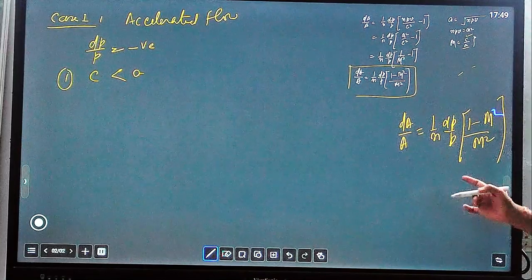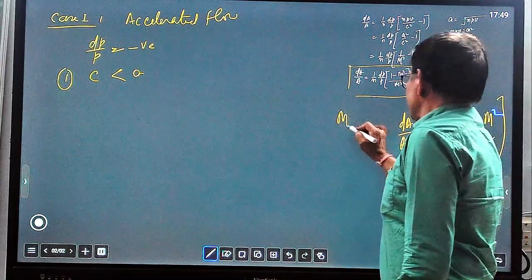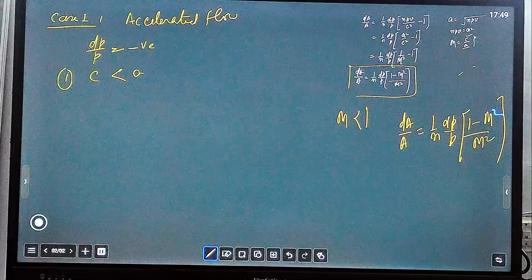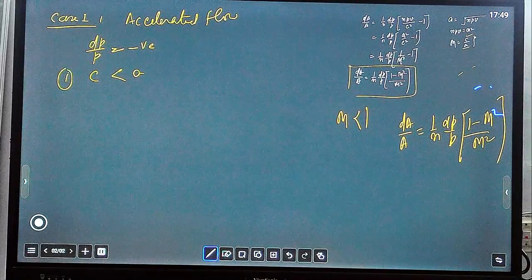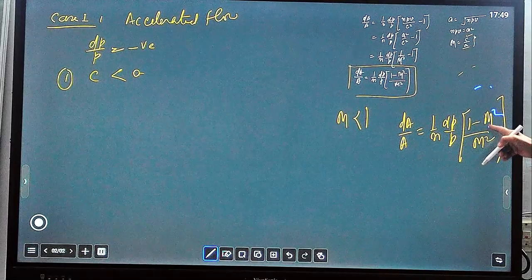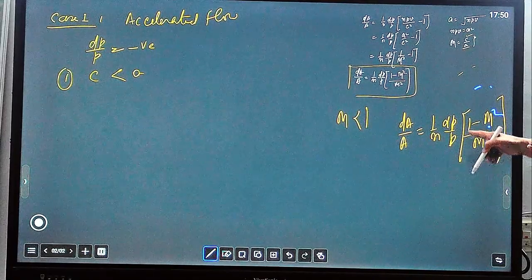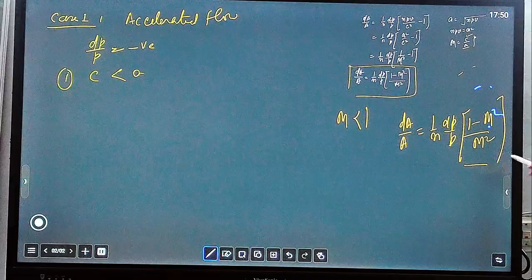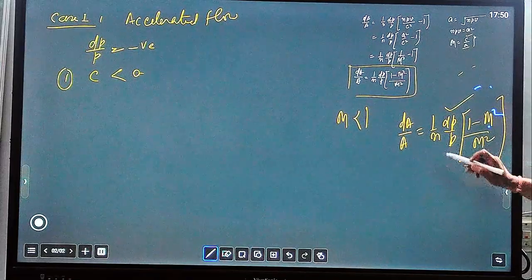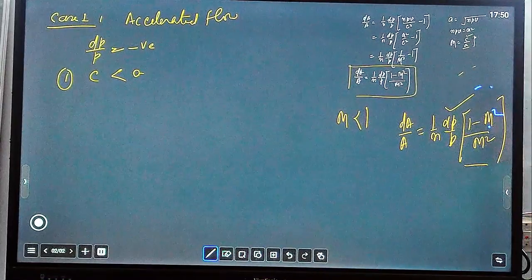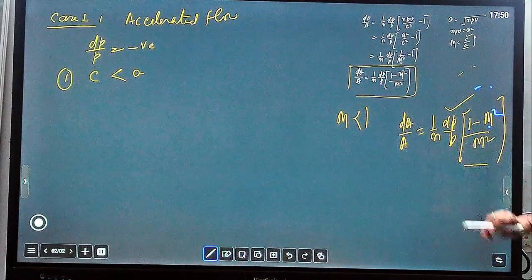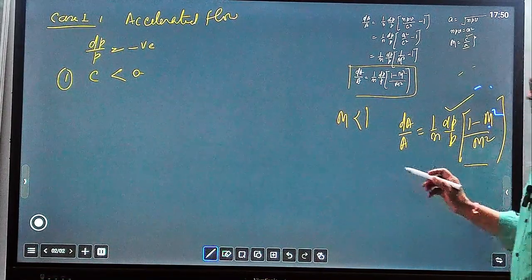When C is less than A, M is less than 1, so the quantity in the bracket is positive. This is always positive, and dP by P is always negative, because we have taken it for accelerated flow. So to balance this equation, dA by A must be negative.